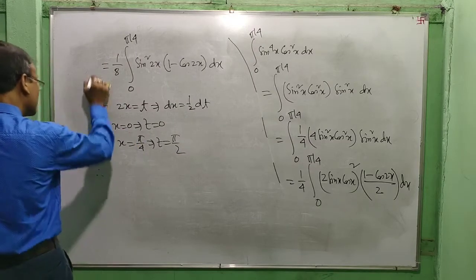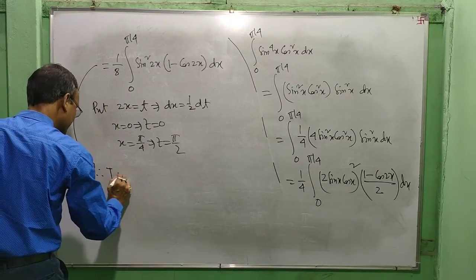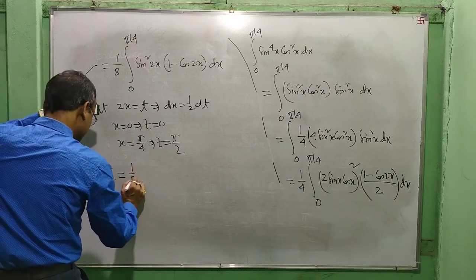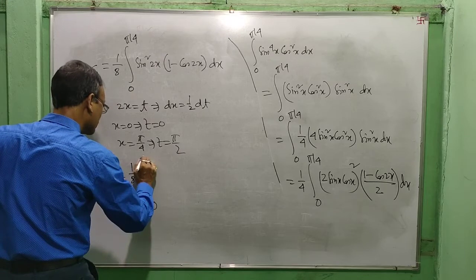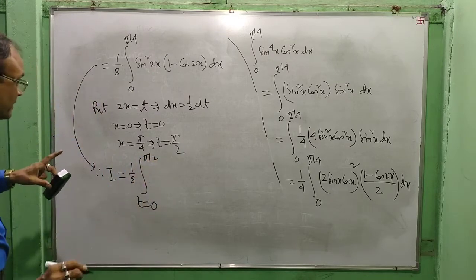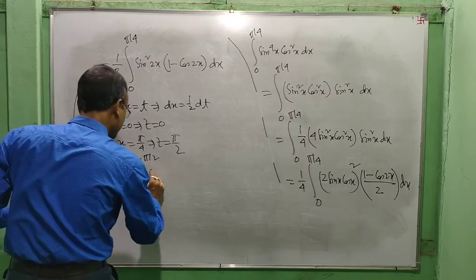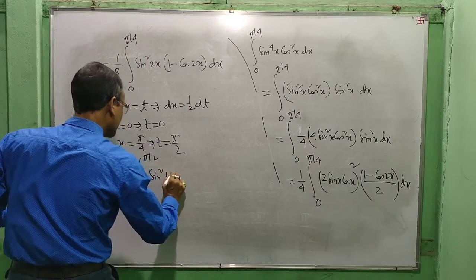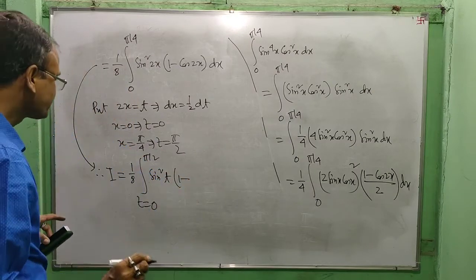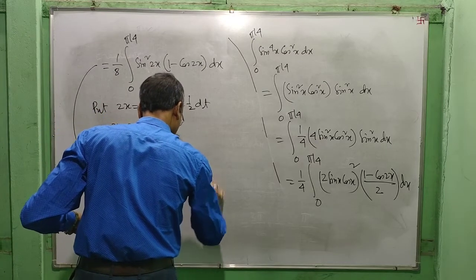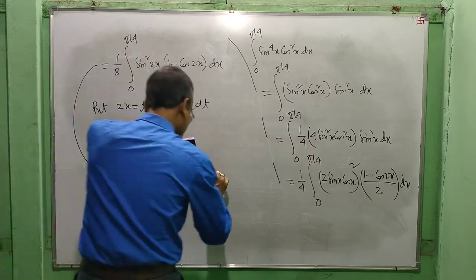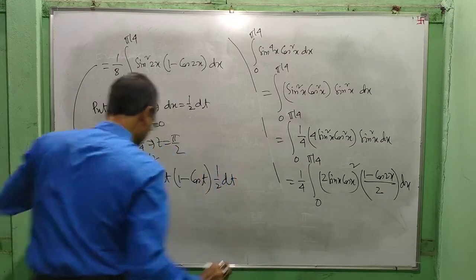Therefore, this integration will be 1 by 8, integration t equal to 0 to pi by 2, sin square t into 1 minus cos t, and for dx write half of dt.